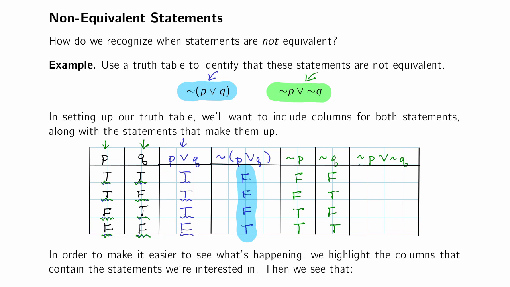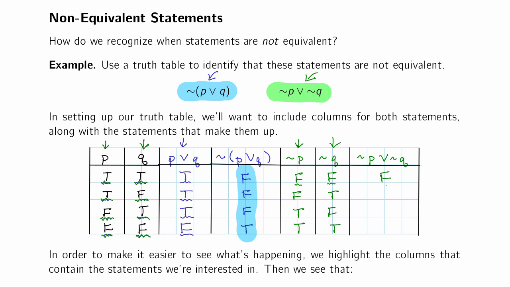And then finally, to find not P or not Q, we'll look at the not P column, the not Q column, and remember that OR is true as long as at least one of the two things that we're ORing together is true. So false or false, that's false, right?